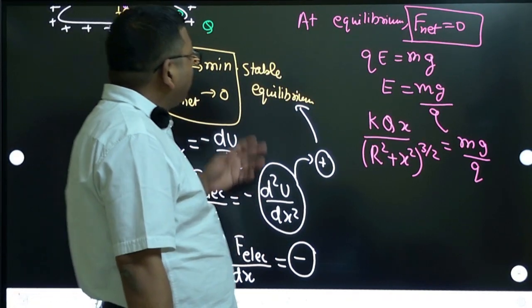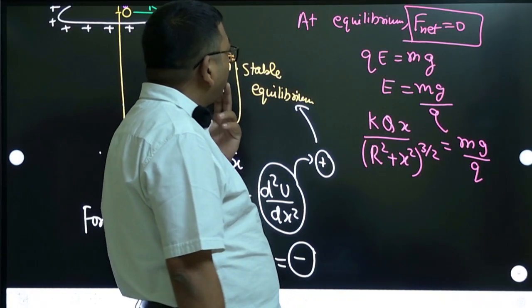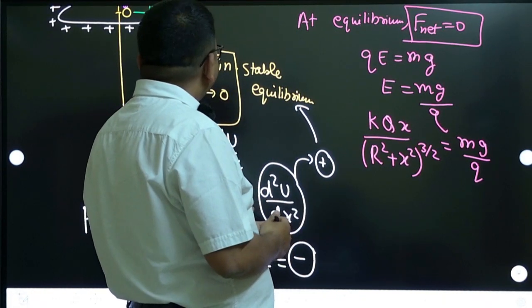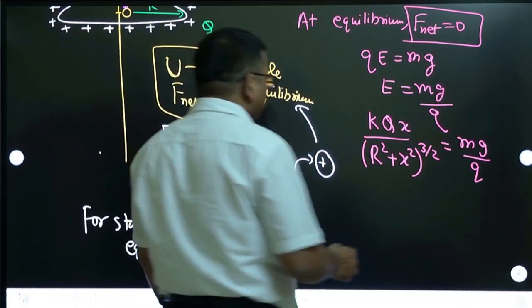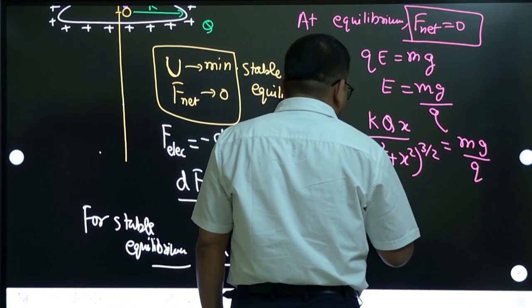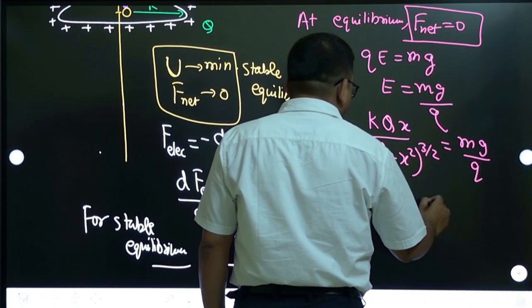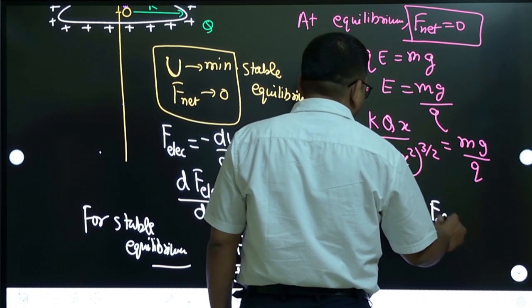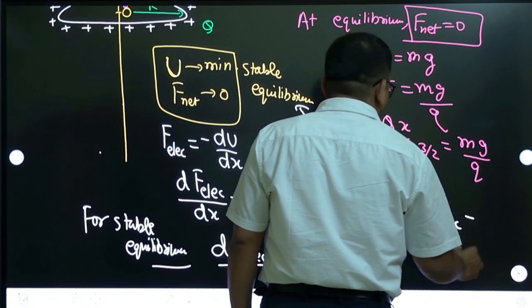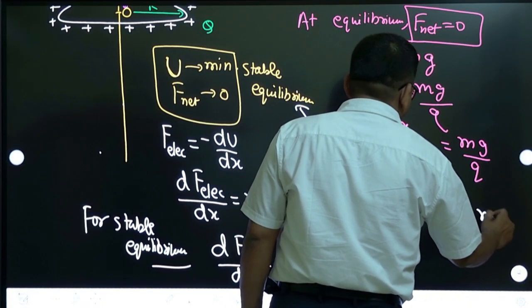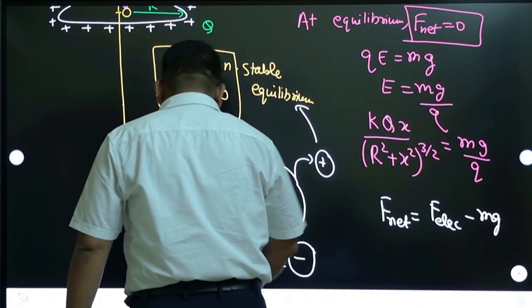Okay, so we have got the force at an instant. So what is the net force at an instant? Net force we already know: electrostatic force minus mg, because they are in opposite direction. So we can try this differentiation.